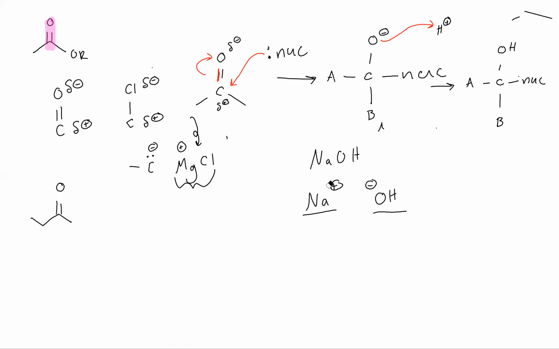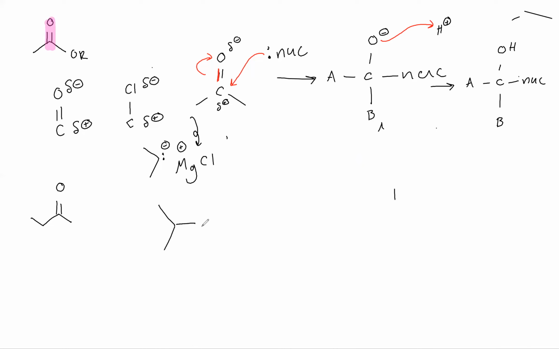All right. So let's go ahead and just make up some sort of carbon group. Let's say that it's an isopropyl group, and it looks like this. So in problems, a lot of the times, you'll see it drawn like this.